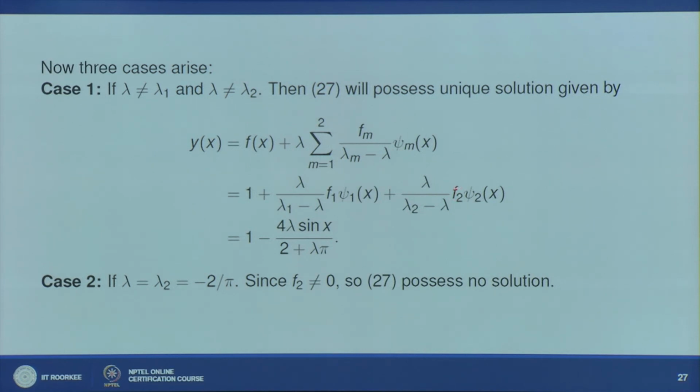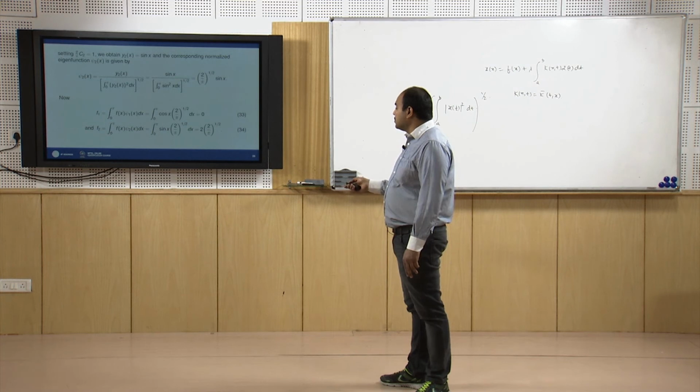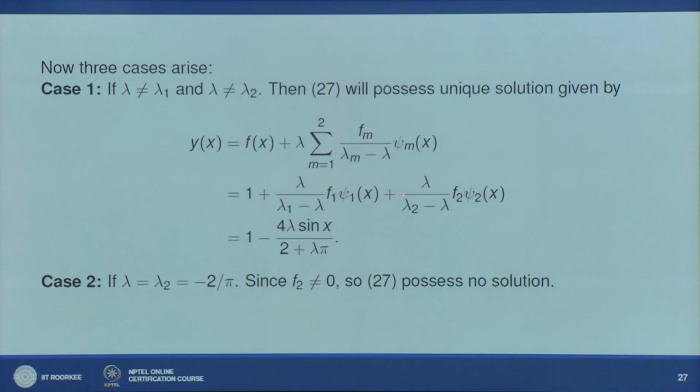If f2 were 0, it would be of the 0 by 0 form, and this could take any value. But we have calculated by equation 34 that f2 is non-zero, so it is non-zero divided by 0, and this cannot happen.